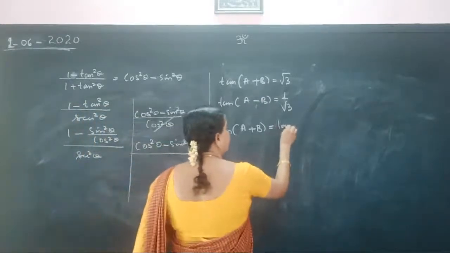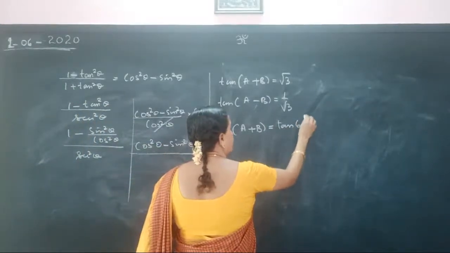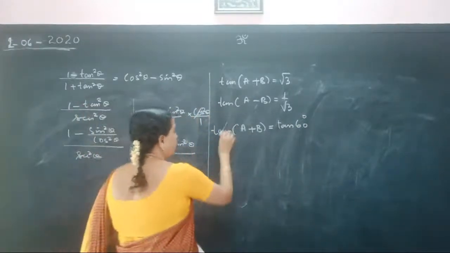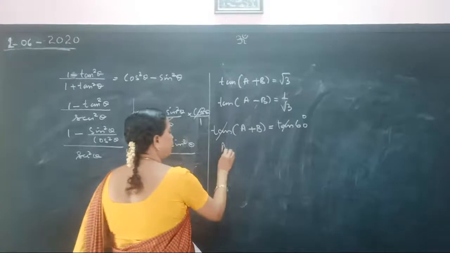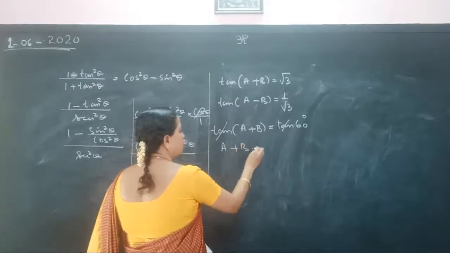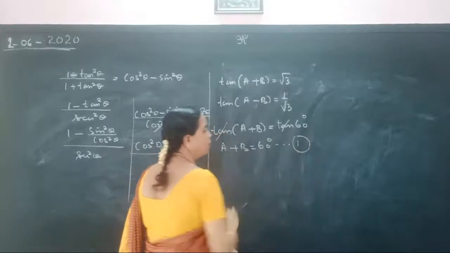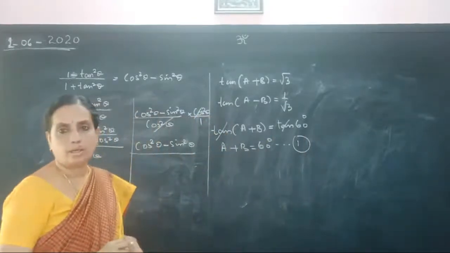So I will write here tan 60 degree instead of root 3. Is it clear? Cancelling tan on both the sides, you will get a plus b equals 60 degree as result number 1, or equation 1.